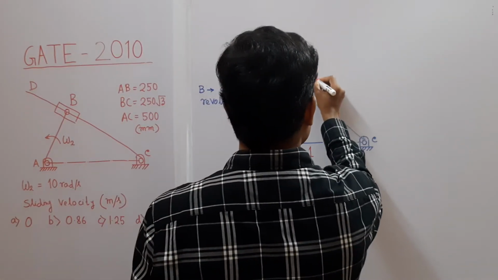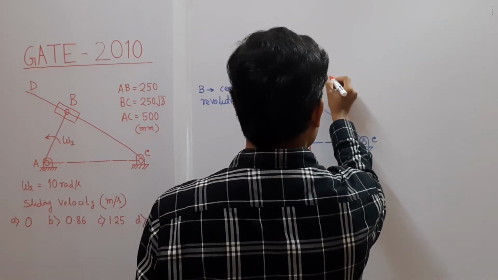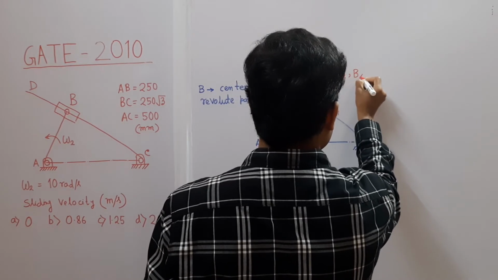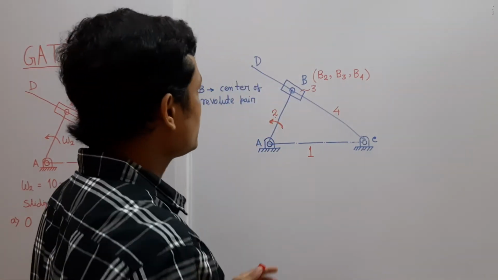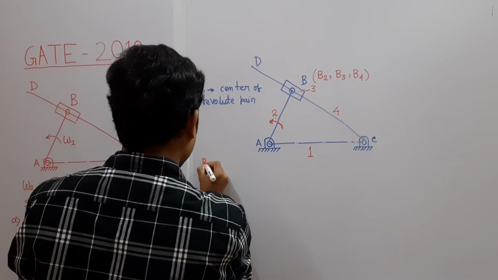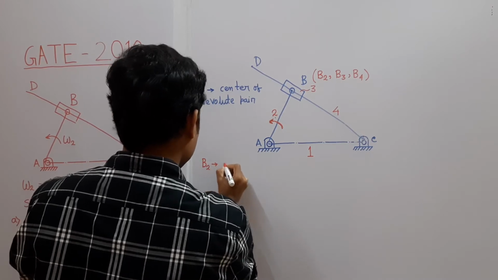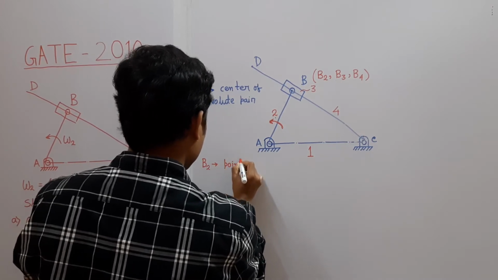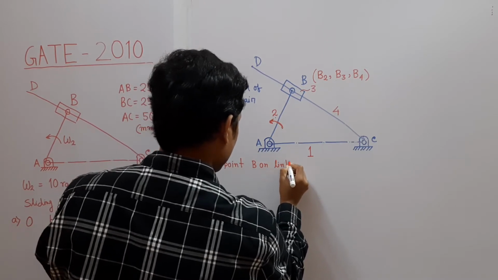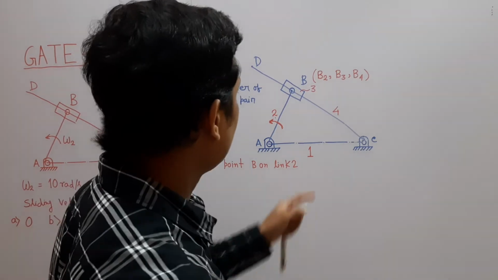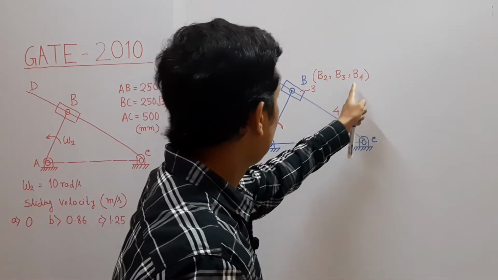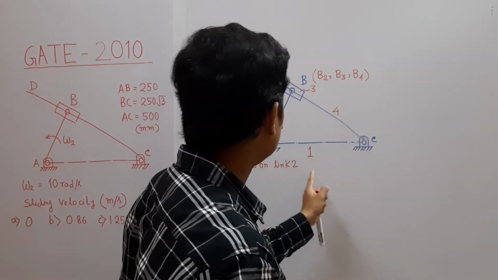What are those? They are B2, B3 and B4. What is the significance of B2? B2 is point B on link 2. Similarly, B3 is point B on link 3, and B4 is point B on link number 4.